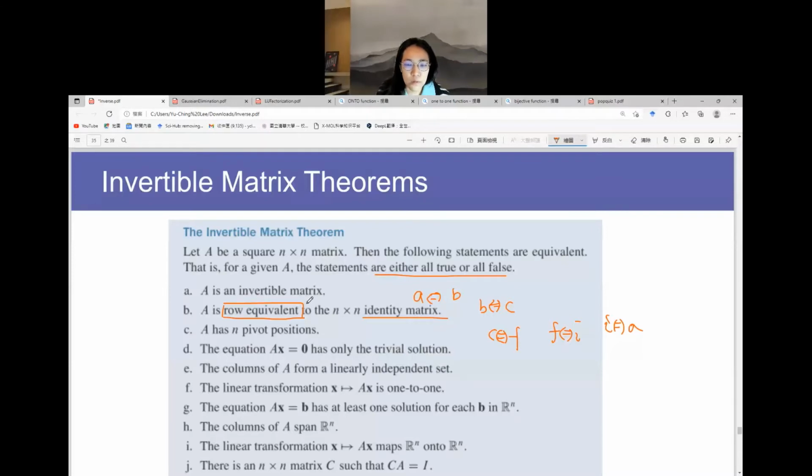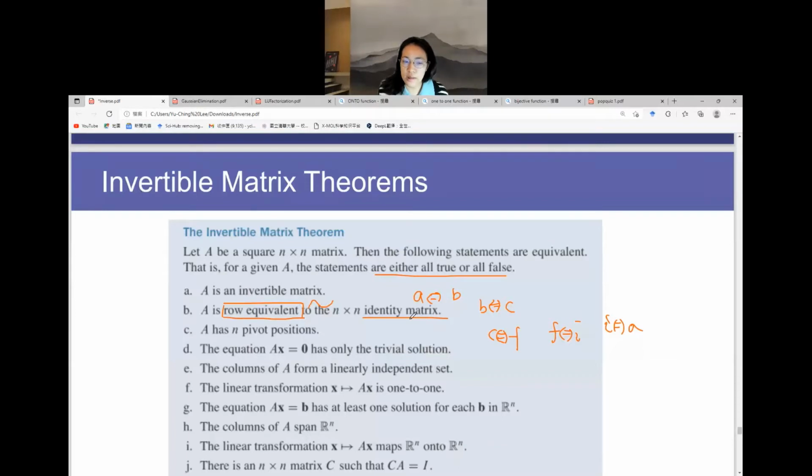The common symbol we use to denote that two matrices are row equivalent is this one, 波浪状. We constantly use this when we do the forward or backward row reductions, and it directly means that this matrix is row equivalent to the next matrix.